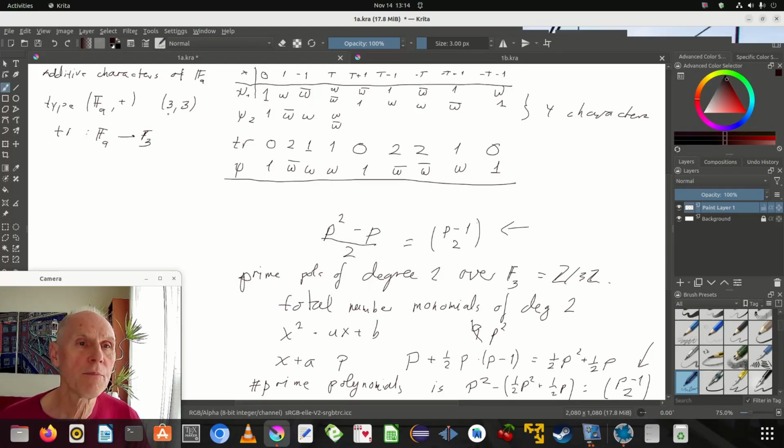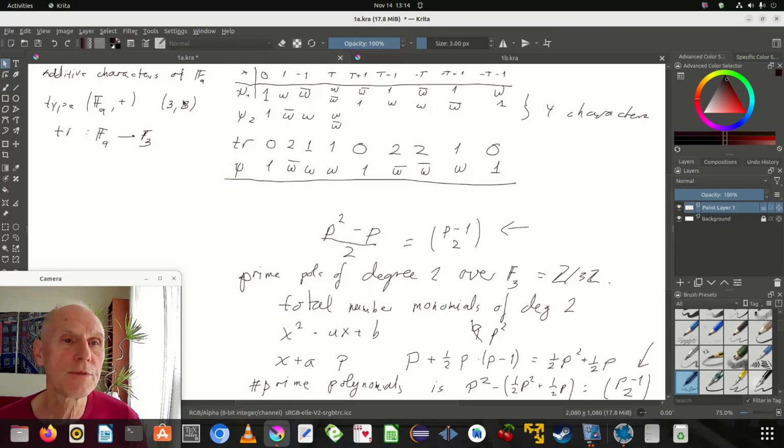And of course the number comes exactly from the type. It's 3 squared, so we have 2 degrees of freedom. And then it's totally defined by those 2 choices. Right, that's all I have to say about the additive characters.